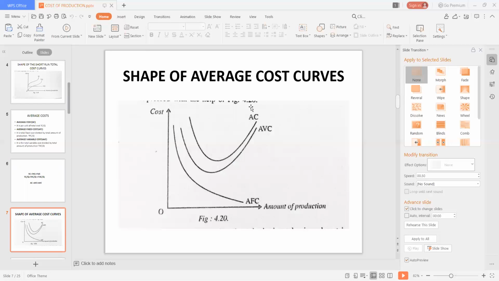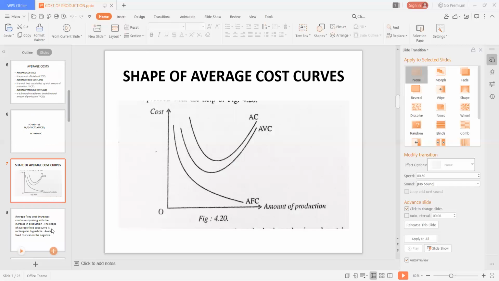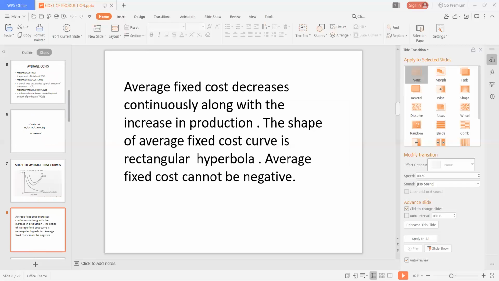Here is the combined picture of the three types of average cost curve. Here is the AFC curve, here is the AVC curve, and here is the AC curve. The average fixed cost decreases continuously along with the increasing production.